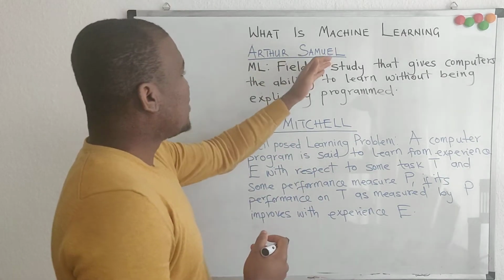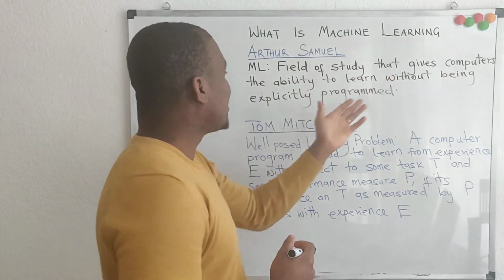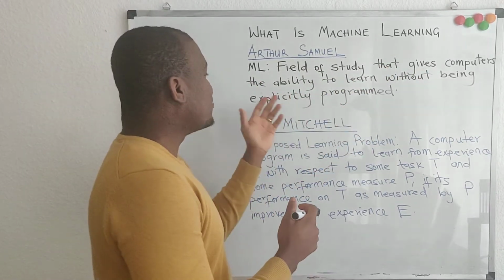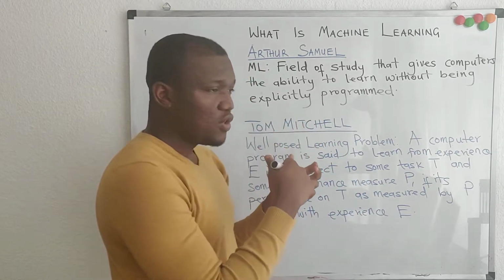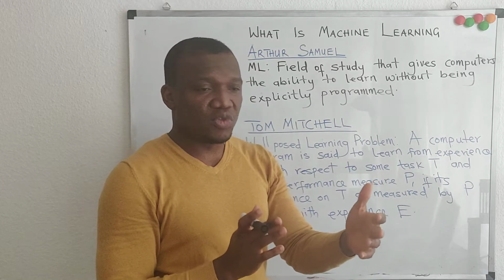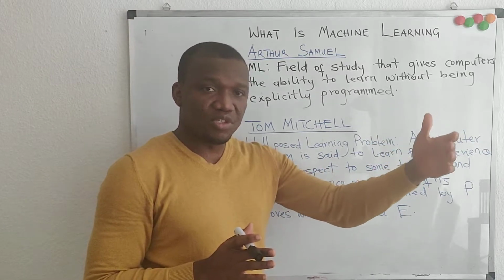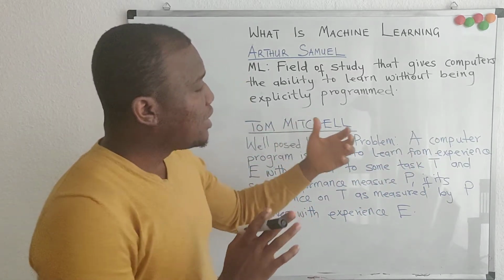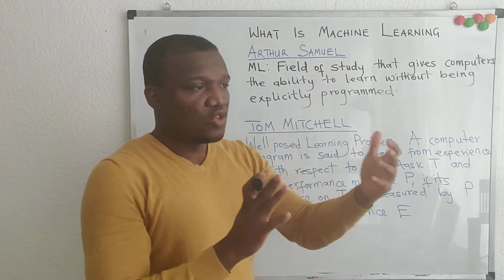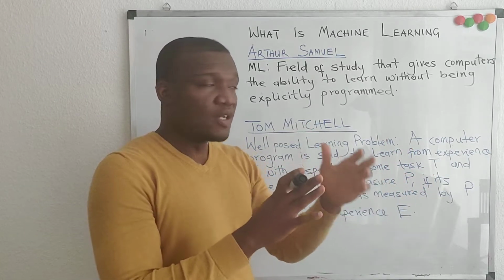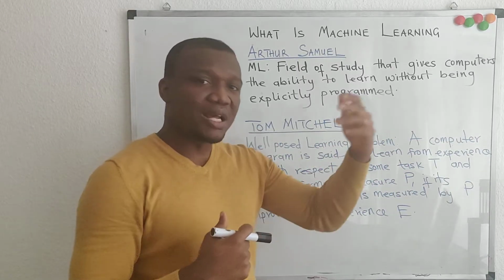So, Arthur Samuel defines machine learning as a field of study that gives computers the ability to learn without being explicitly programmed. So in the previous video, I showed you the paradigm shift between traditional software engineering approach and the machine learning approach. And in that video, we learned that in traditional software engineering approach, you need to know the rules, you translate those rules into a program, you feed in input, and then the rules is used to come up with an output.